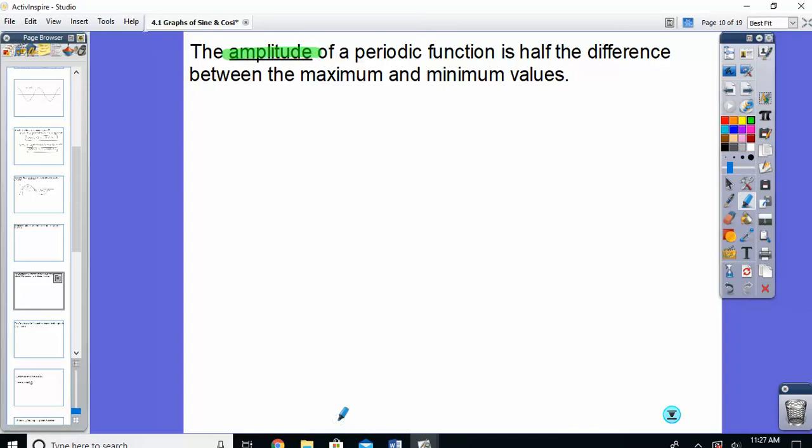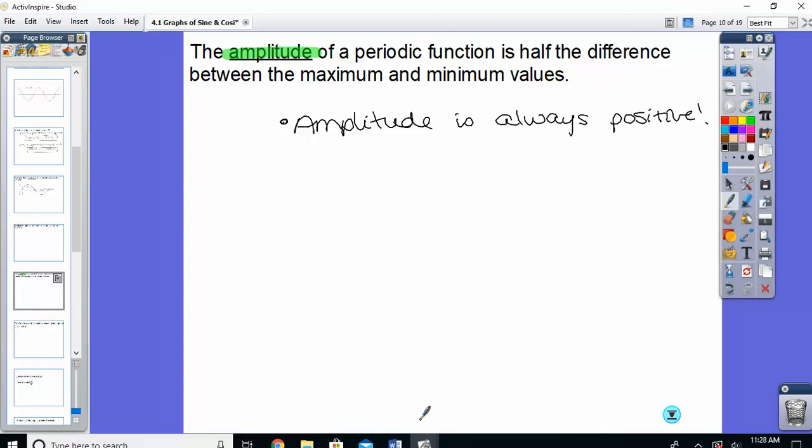For right now, you can think of amplitude as your high and low points. So if the amplitude is 2, you're going to have a high point of 2 and a low point of -2. If our amplitude would be 3, we'd have a high point of 3 and a low point of -3. One thing to note, the amplitude is always positive. Okay, so if it were a -2 in front, we don't say the amplitude is -2.